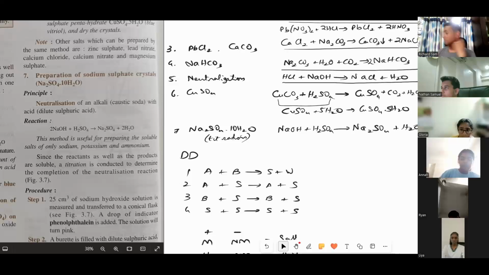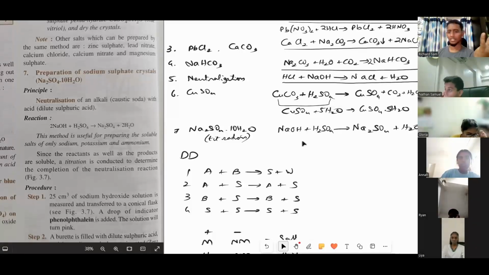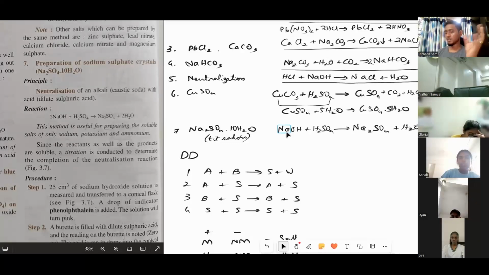Titration works like this. First we will take a beaker containing NaOH. NaOH is a base. Now we add a drop of phenolphthalein to it. Now remember phenolphthalein. What is phenolphthalein? It's a common acid-base indicator. What color will it turn?